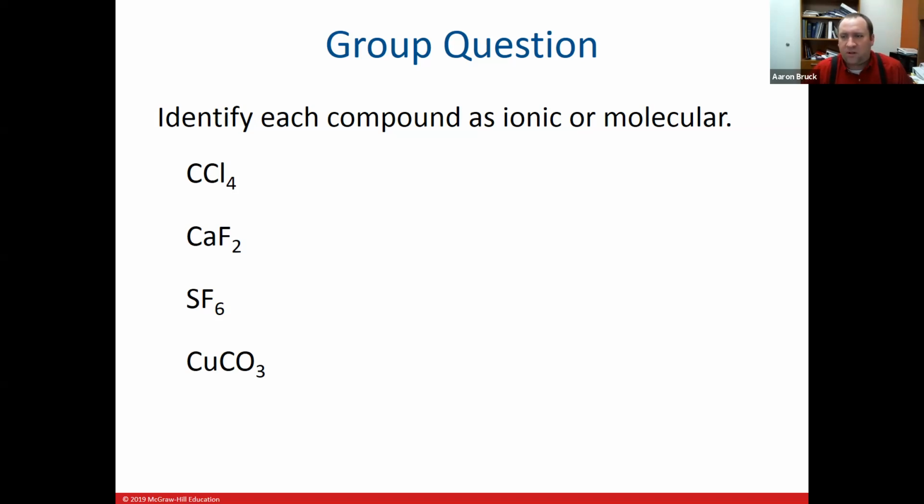All right, we're definitely on the right track. This is an ionic compound as well. Now, what's interesting, this is where it gets a little bit complicated. Copper carbonate, copper 2 carbonate, this is actually an ionic compound.